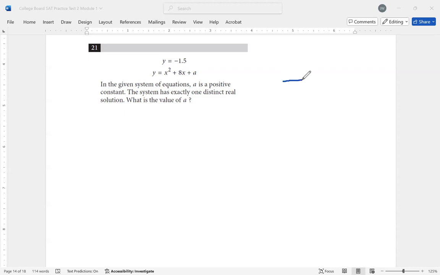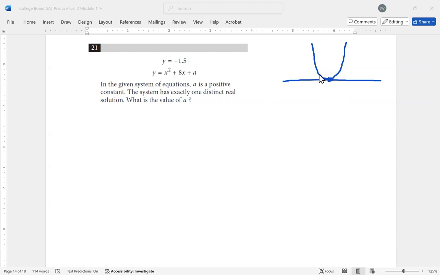So what needs to happen to just get one solution is that this parabola needs to come down, touch my line, the horizontal line, at the vertex, and then go back up. That's the only way that we end up with one solution to this system of equations.